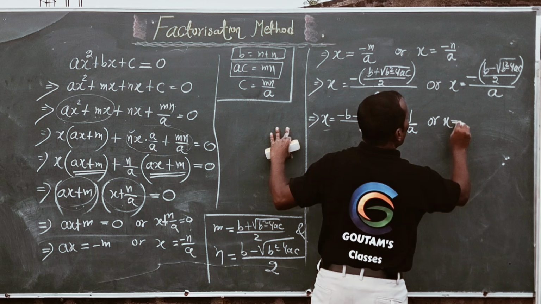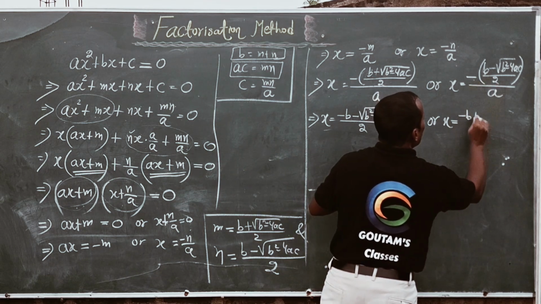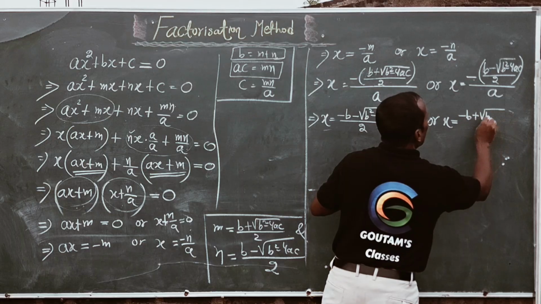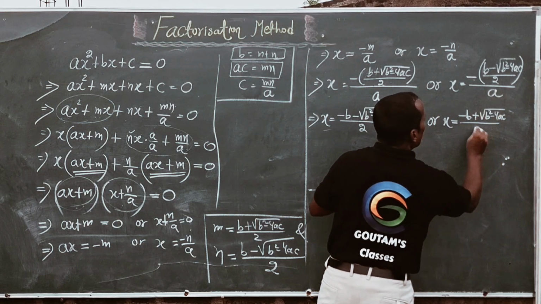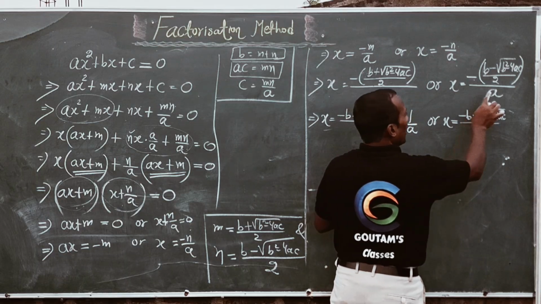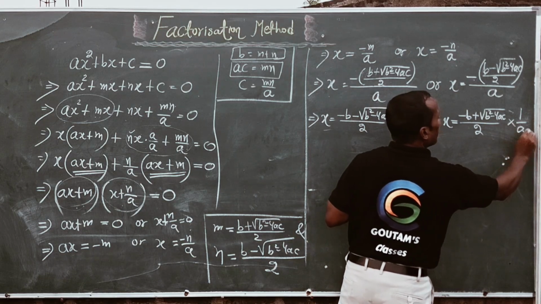x equals, I have minus of b is minus b, minus of minus is plus, root b square minus 4ac by 2. This is my numerator and a is in the denominator. I can write that as 1 by a.